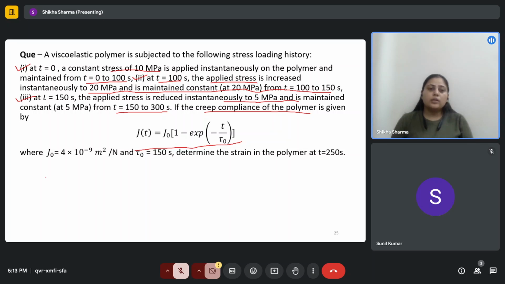The creep compliance at 0 time is 4 into 10 to the power minus 9 meter square per Newton, and the relaxation time tau naught is 150 seconds. We need to find the strain in the polymer at t equals 250 seconds.